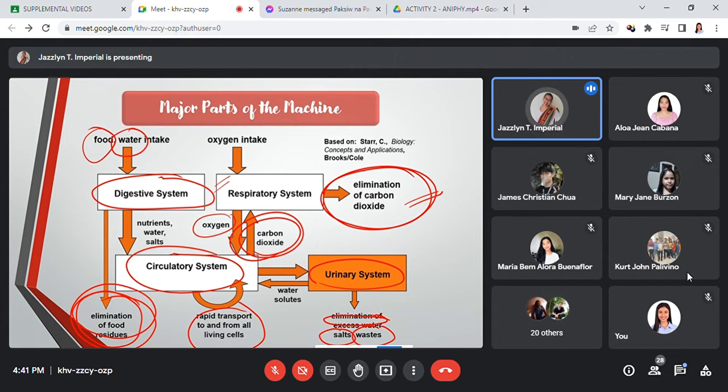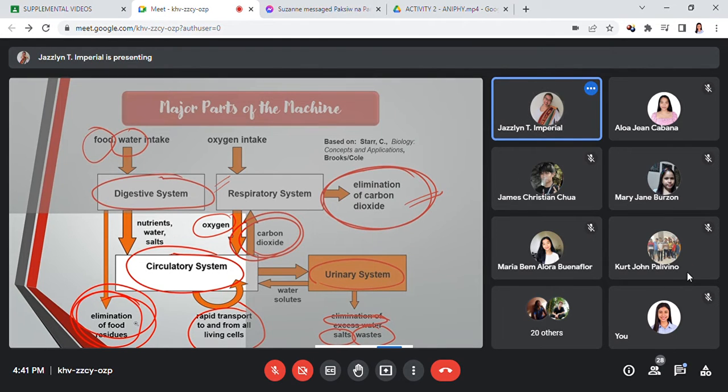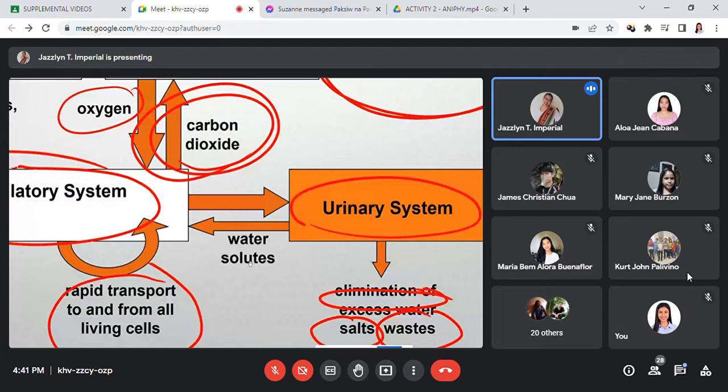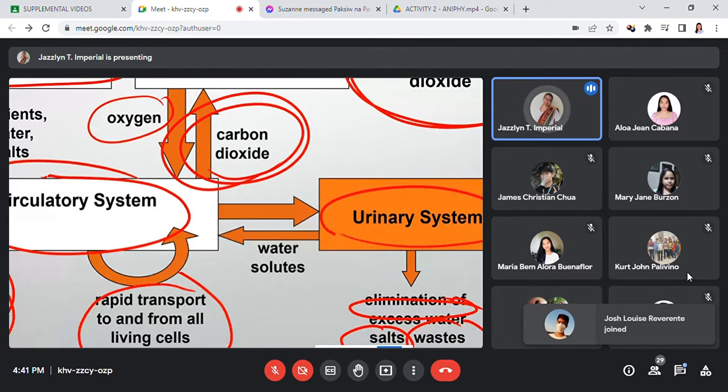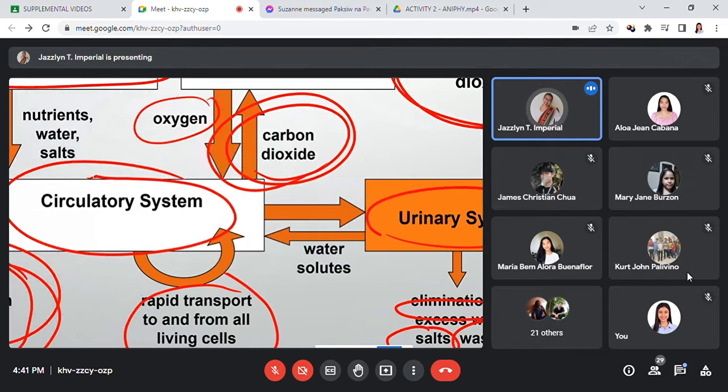But you will notice that there is an arrow going back from the urinary system to your circulatory system. And you will see that this arrow is one function of the excretory system or the urinary system, and that is to return water and valuable or important substances back into the body via your circulatory system.